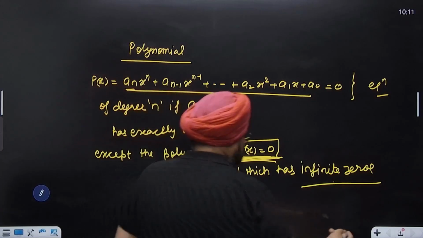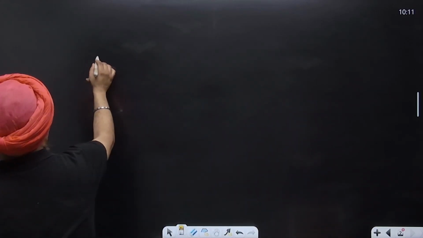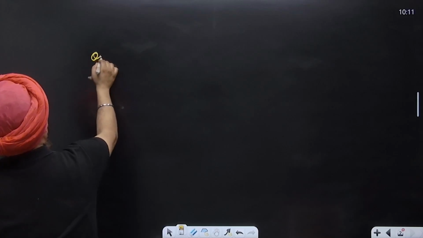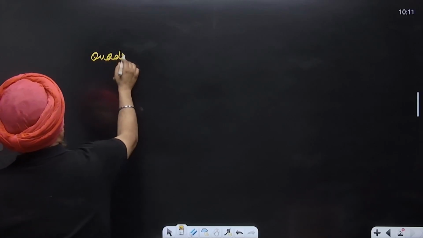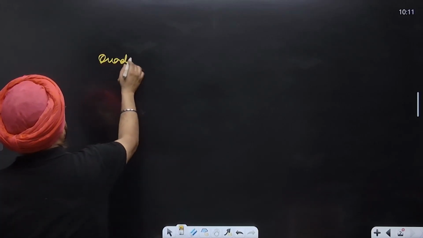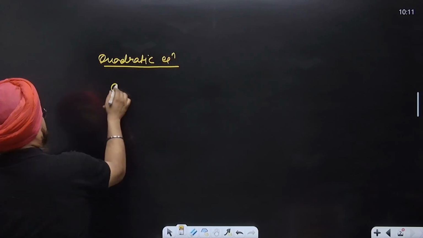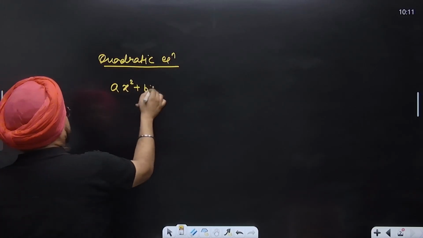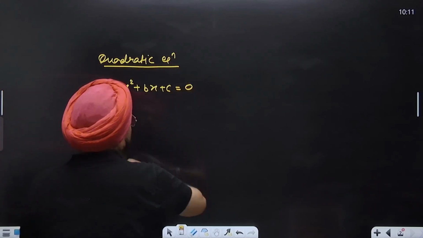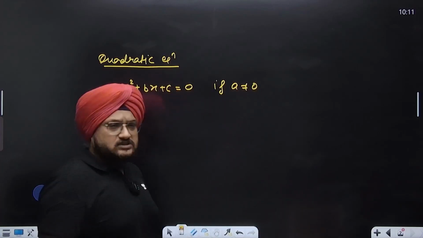Now we will see about quadratic equations. The equation ax^2 + bx + c = 0 is called a quadratic equation if a is not equal to 0.